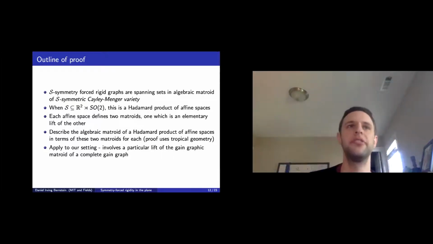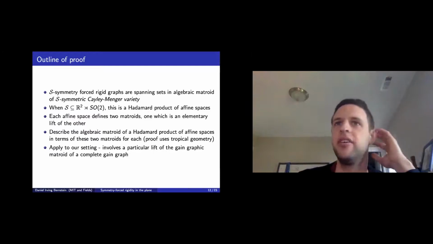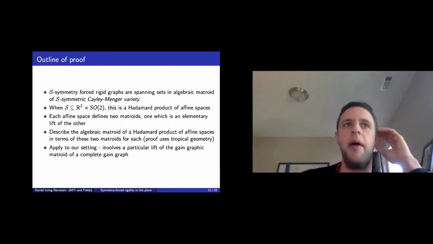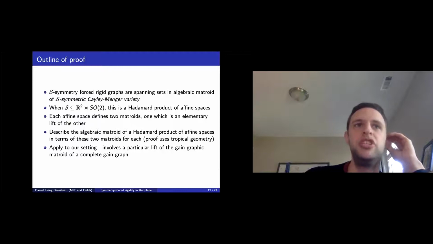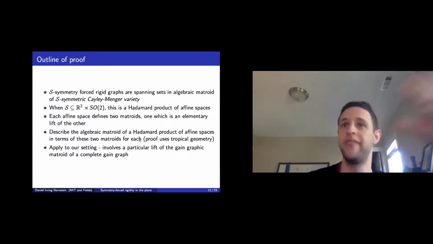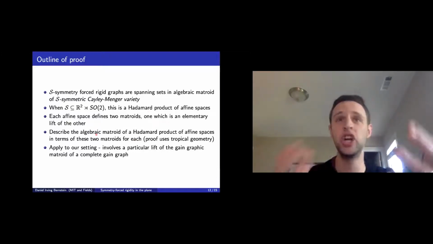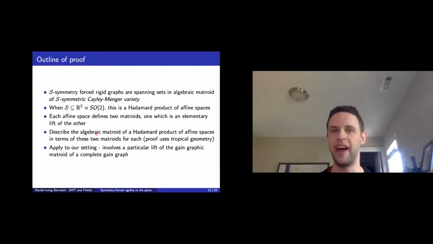In particular, each affine space defines two matroids, one of which is an elementary lift of the other. I'll get into that more precisely later. But what that enables me to do is to describe the algebraic matroid of a Hadamard product of affine spaces in terms of these two matroids for each affine space.